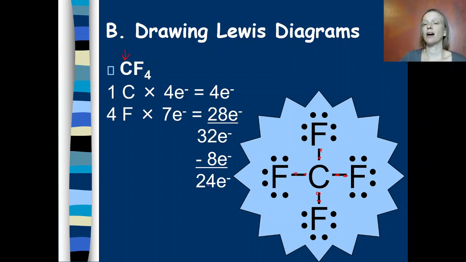And remember, I've got 24 electrons left. So that's 1, 2, 3, up to 24. I drew 24 electrons here, and every single atom in my diagram has 8 valence electrons. So this is the correct Lewis dot diagram for carbon tetrafluoride.